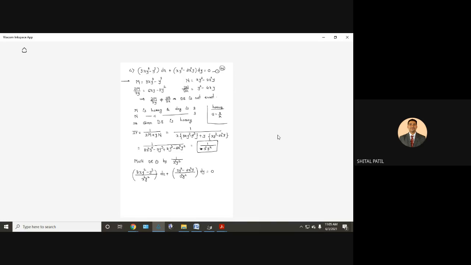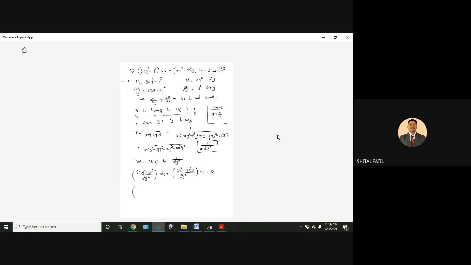But then the resultant differential equation will not remain exact. Therefore, I can take a constant only to the other side, not the variables. Okay? Hope this is clear. Now simplify. If it's not clear, you ask me.